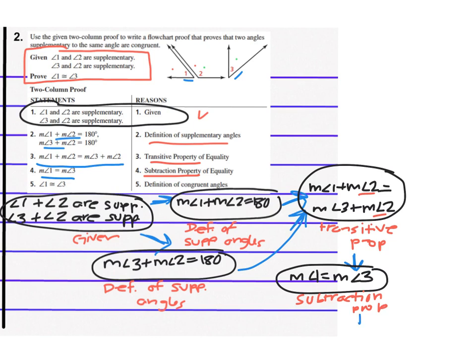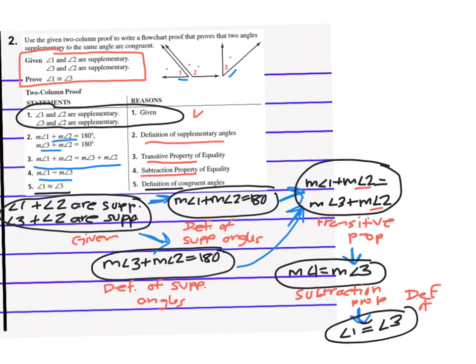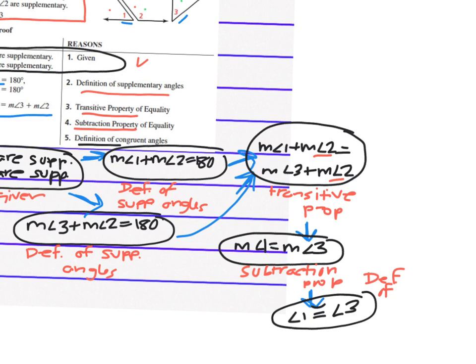Right. And then lastly, angle 1 is congruent to angle 3. So that's this line, and my reason is the definition of, I'm running out of room, congruent angles.